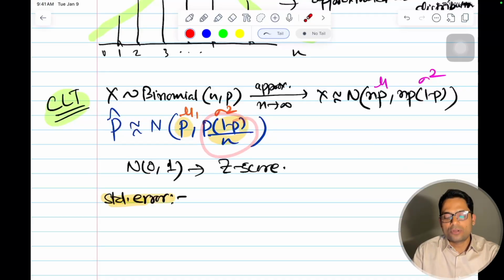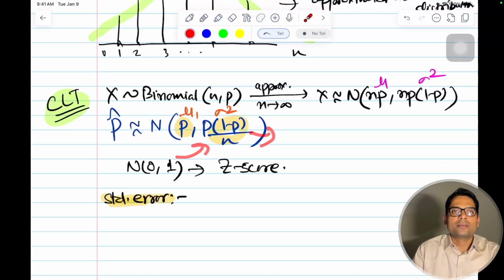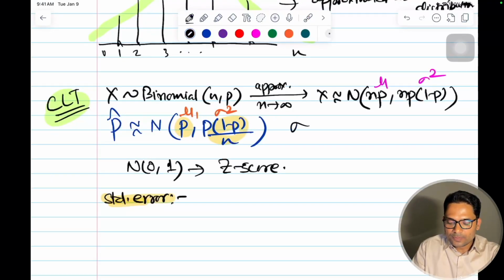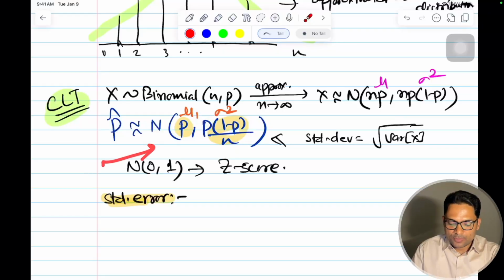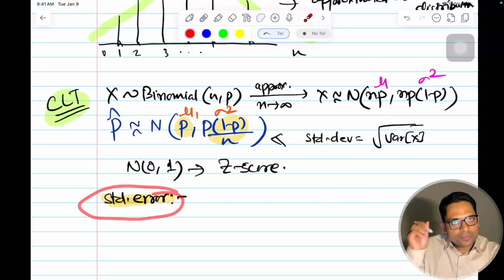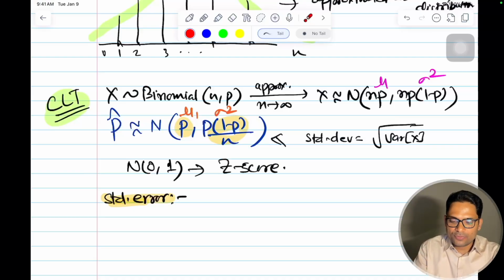So the variance of that parameter is the variance, and the standard deviation of that parameter is called standard error. What is standard deviation? Standard deviation is equal to the square root of variance. So whatever parameter has been approximated as normal because of the central limit theorem, the standard deviation of that parameter is the standard error. That term is called standard error.